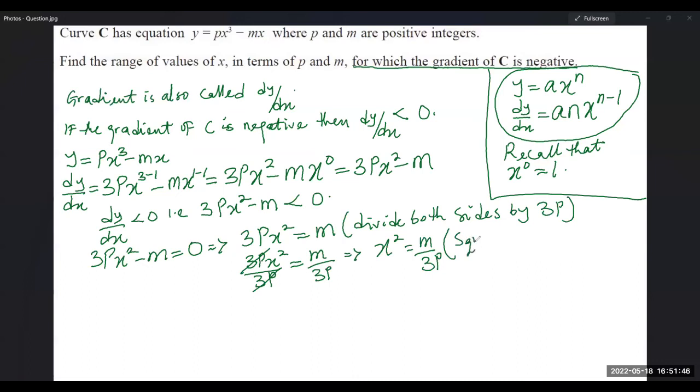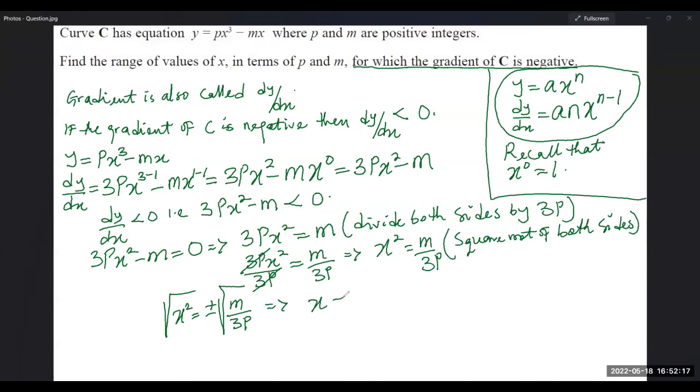Square roots of both sides. The square root of x squared equals plus or minus the square root of m over 3p. It implies that x is equal to plus or minus the root of m over 3p.